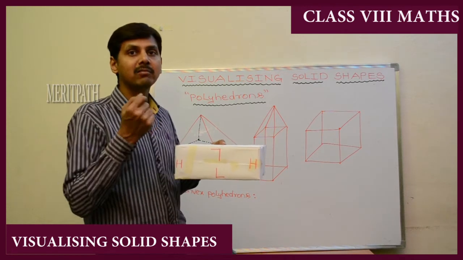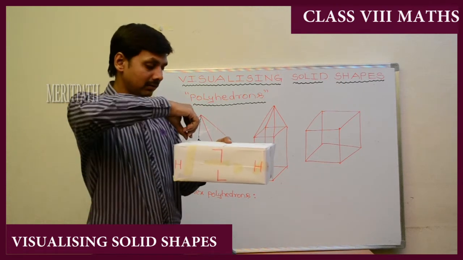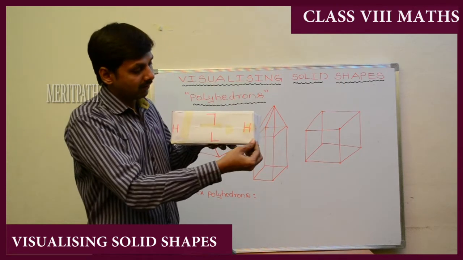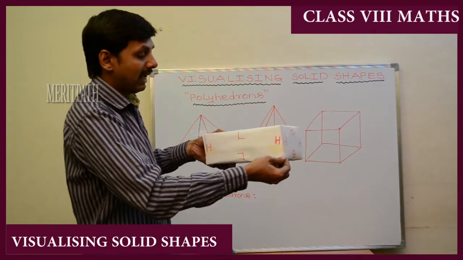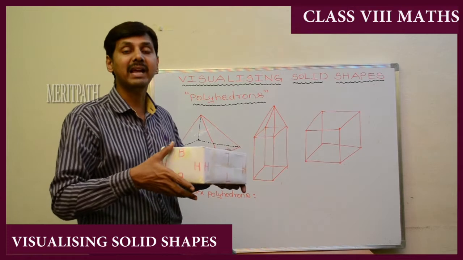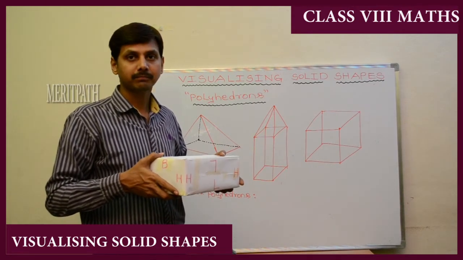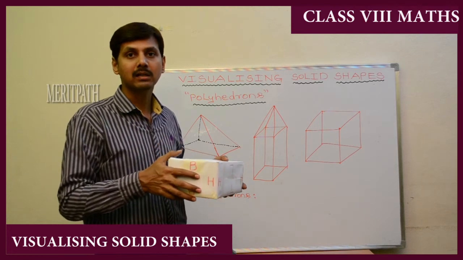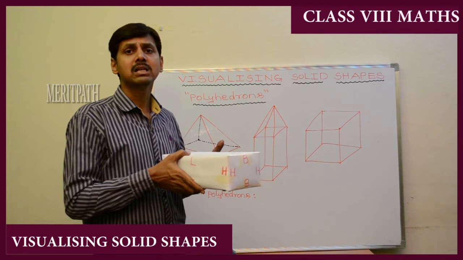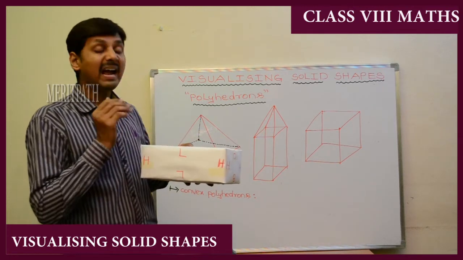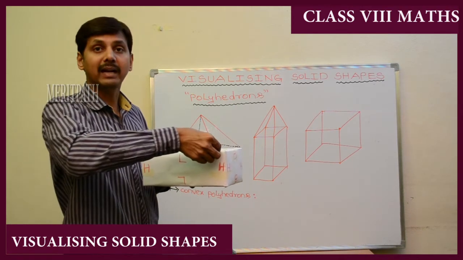Let's count again: 1, 2, 3, 4, 5, 6, and on the back side 7, 8. So we have 8 vertices. We got 6 faces and 8 vertices, and let's see how many edges we have.